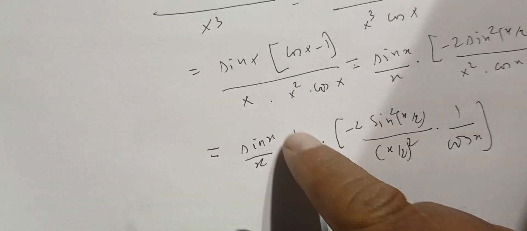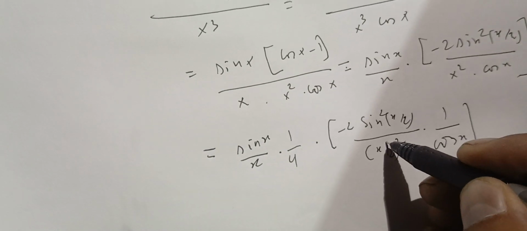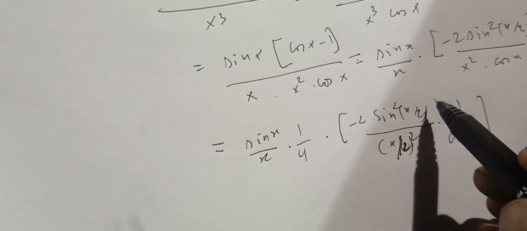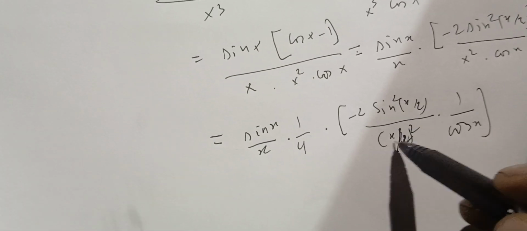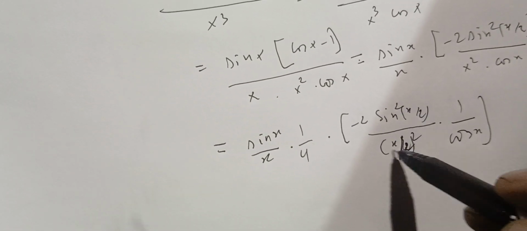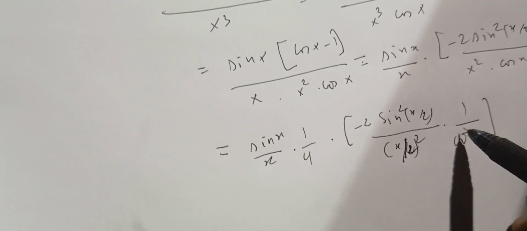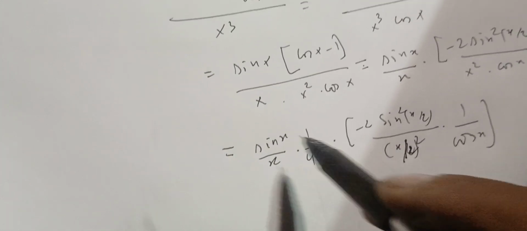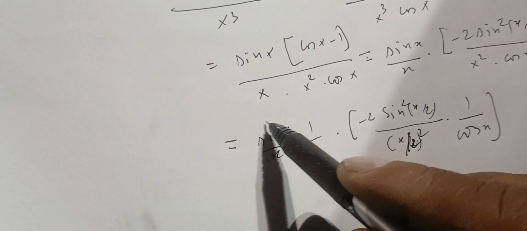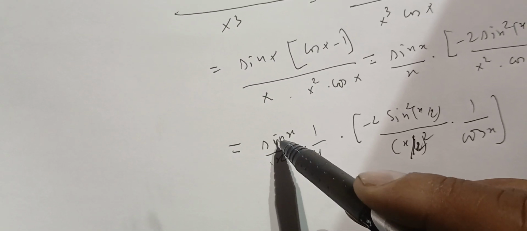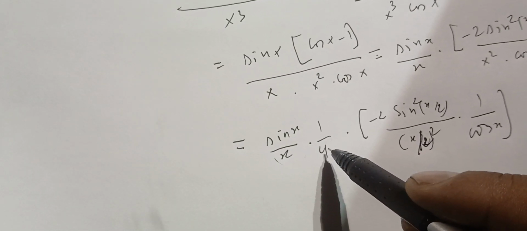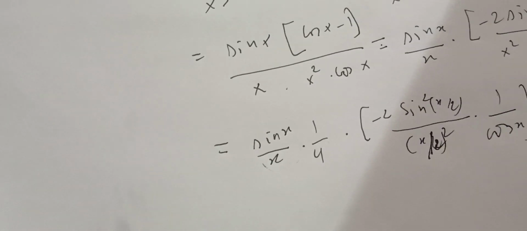This is just a manipulation. What do we know here? This is 1, and 1 over cosine of 0 is 1. And this limit as x goes to 0 is 1. So we have minus 2 over 4, which is minus 1 over 2. So we got the limit.